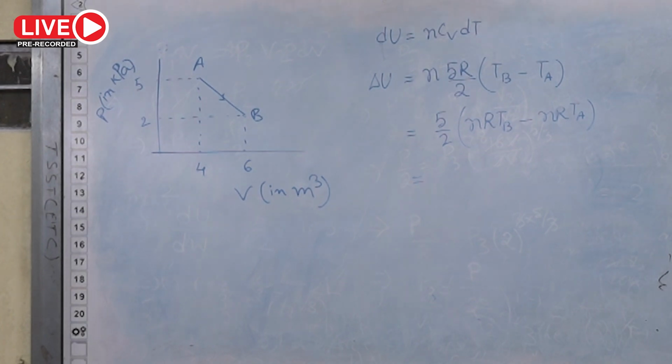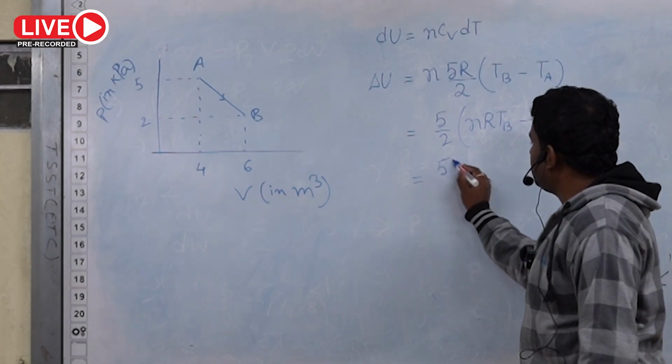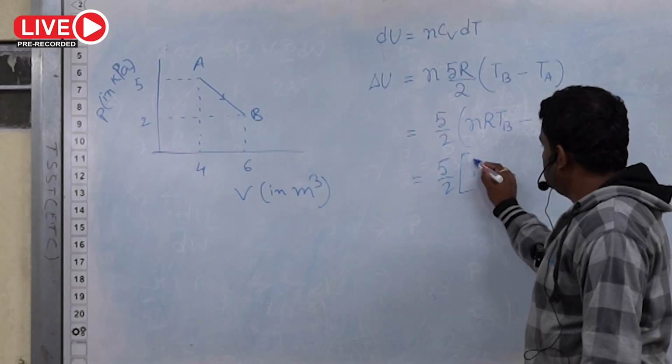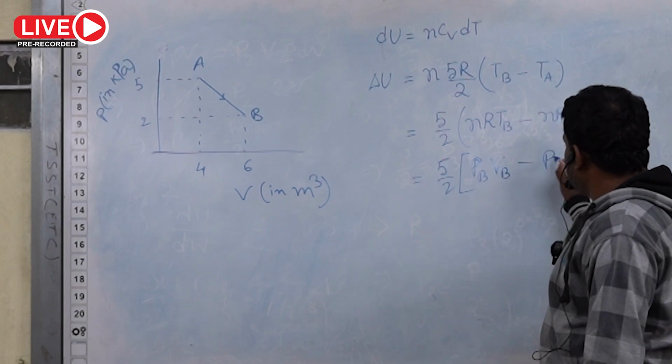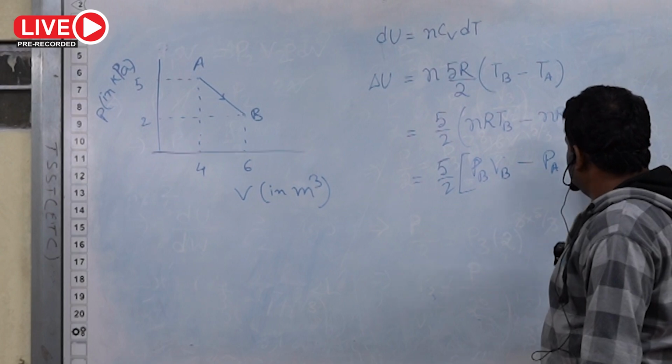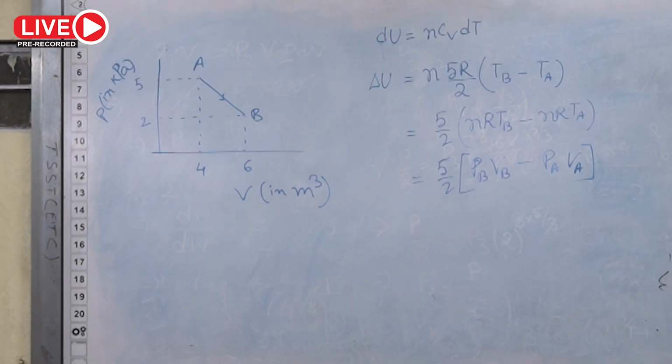From the ideal gas equation, PV equal to nRT, it is equal to 5 by 2 into PB VB minus PA VA. All coordinates are given. Calculate. PB is 2 kilopascal, PA is 5 kilopascal, VB and VA are 4 meter cube and 6 meter cube.